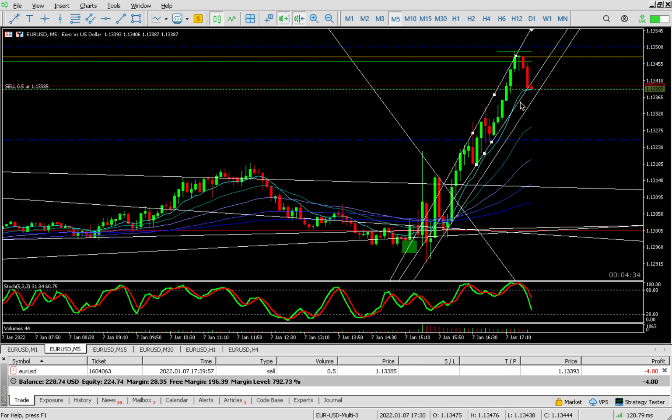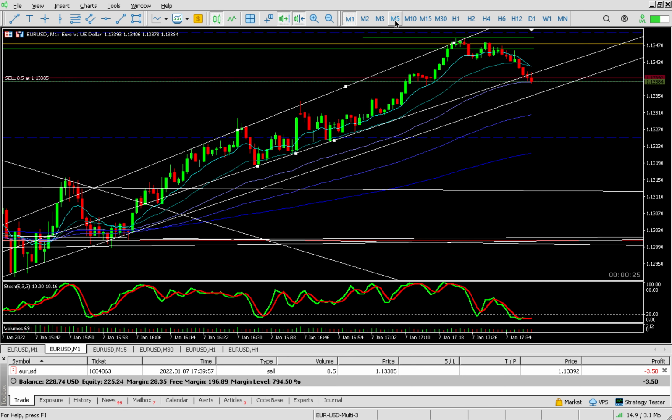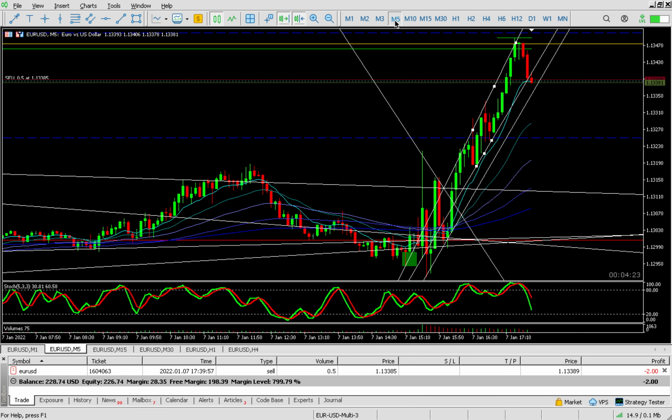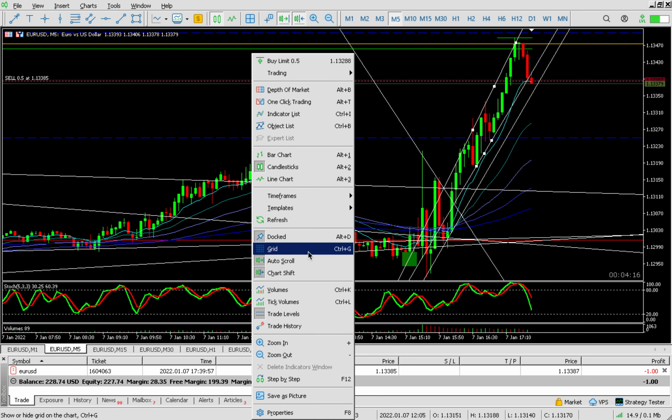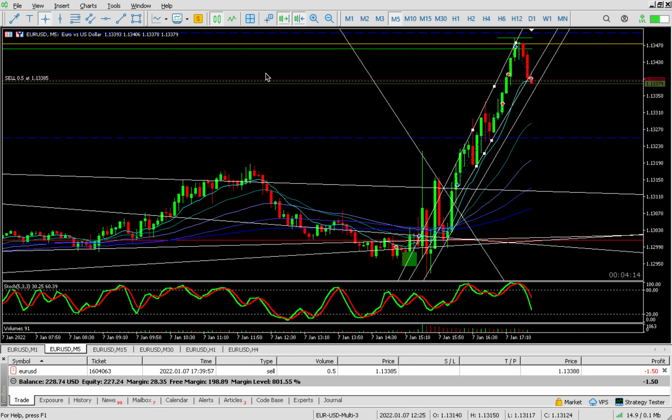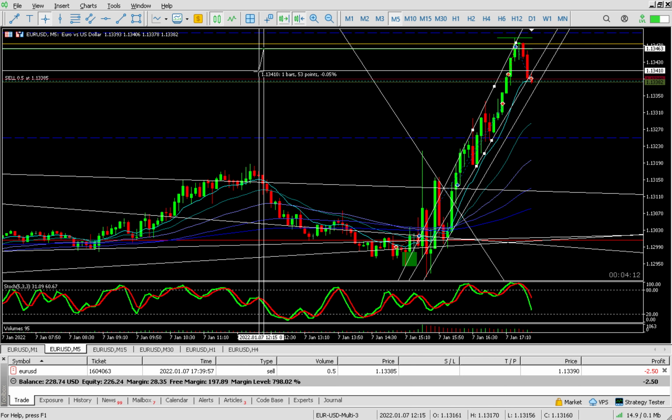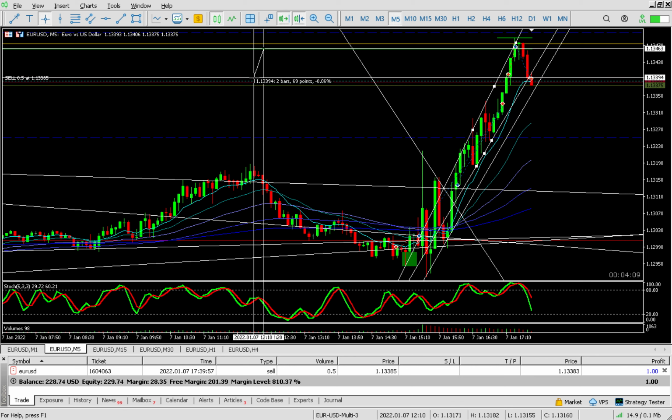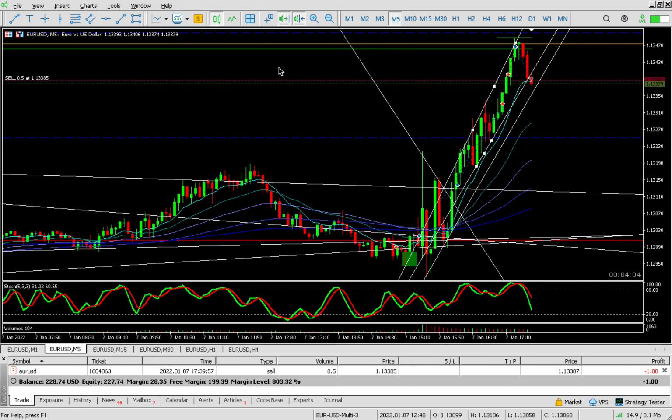But you can see it is below right here. But yeah, we took a 70 pip loss right here. So try to make some of that back.